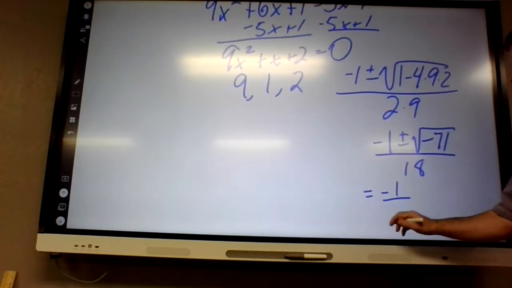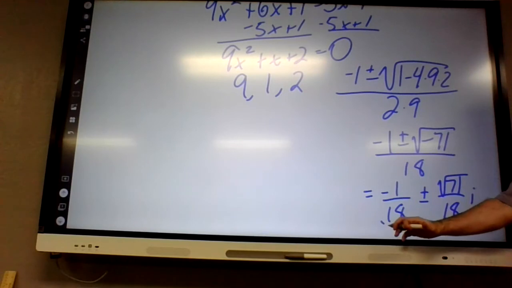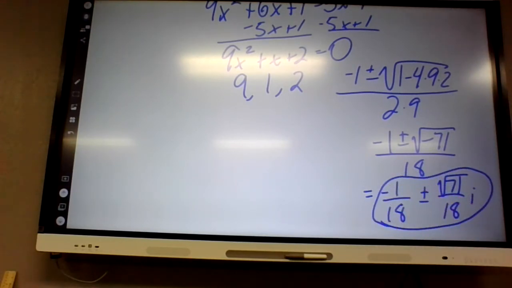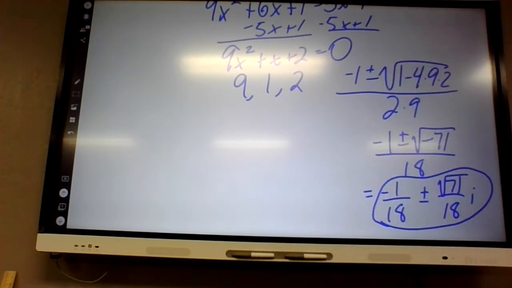So it's negative 1 over 18 plus or minus square root of 71 over 18. You could do something similar on 26, like foil the left side, but it'd definitely be easier if you just square root both sides and do plus or minus on your right. Like this, completing the square from Thursday.